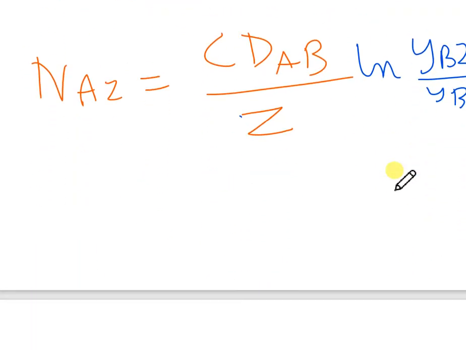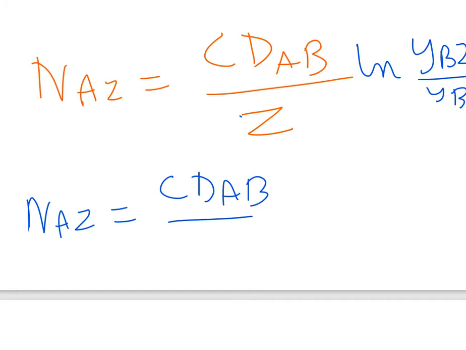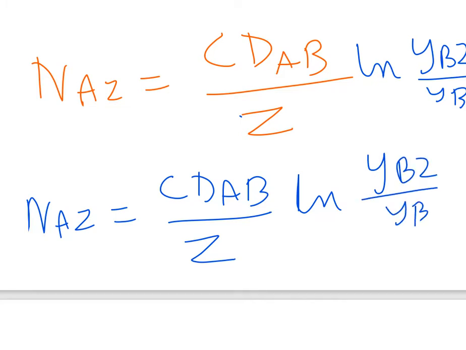So that's basically the equation. Again I will write C, total concentration, you can find by P over RT, ln yb2 over yb1.